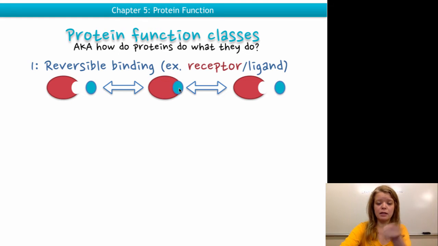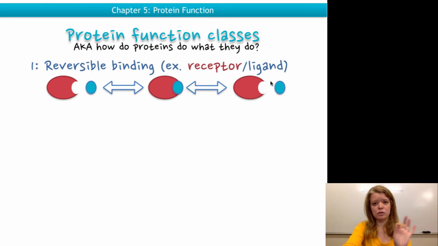It will bind the ligand, and it will also be capable of letting the ligand go. And this has to be a reversible process so that you don't have to lose a whole protein just because you bound the ligand to it, and it's not functional afterwards.